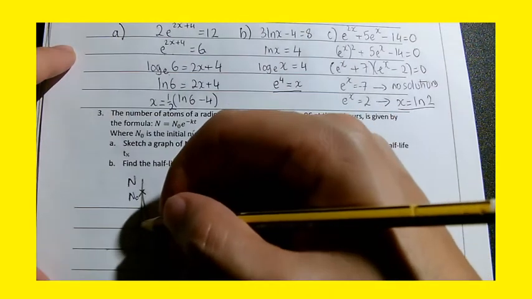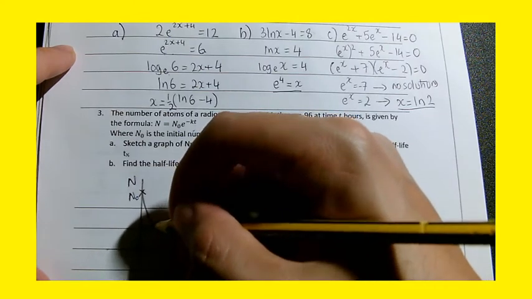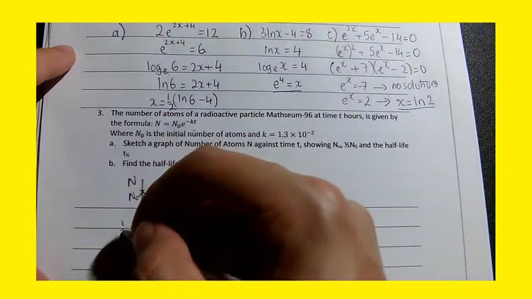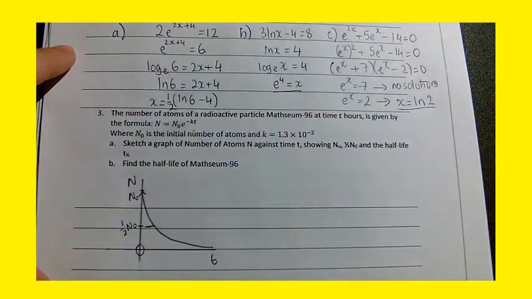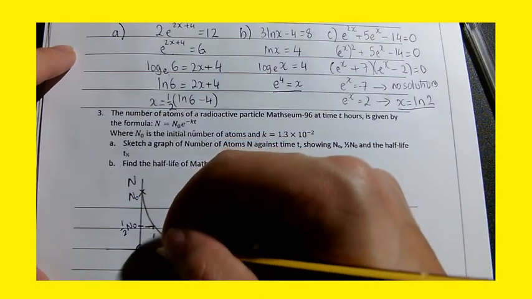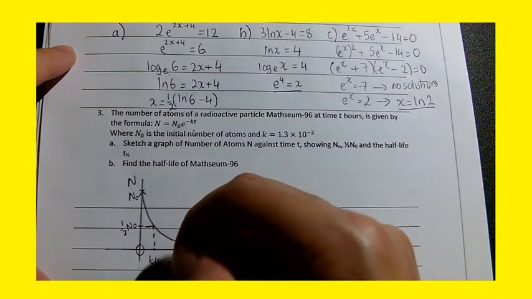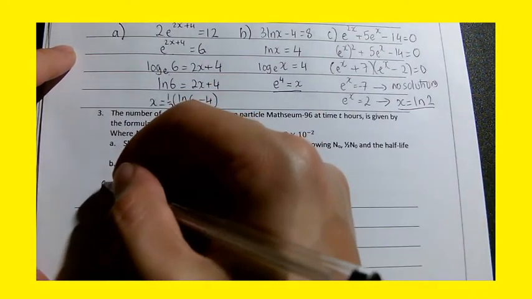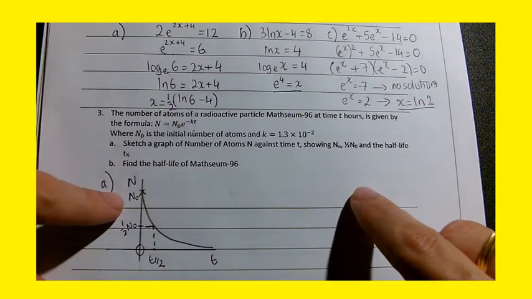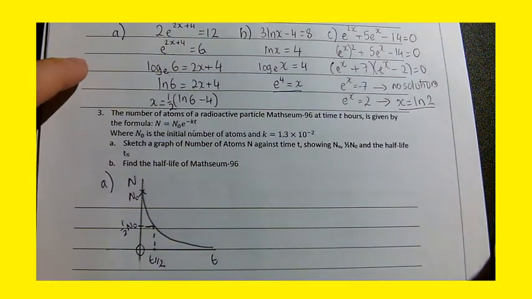Half n0 will be half the original amount, and t half will be the time at which the number of atoms is a half. So there's the initial amount, there's half the initial amount, and that's the time for it to be half the initial amount.